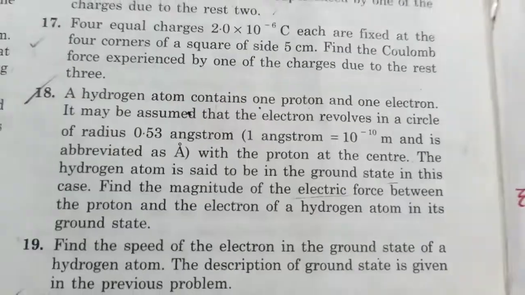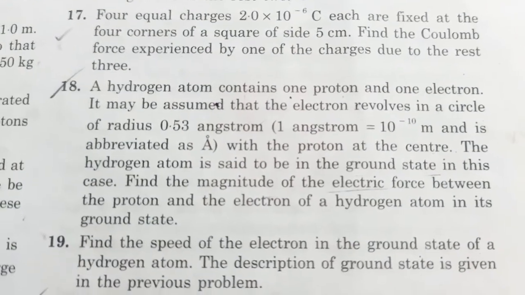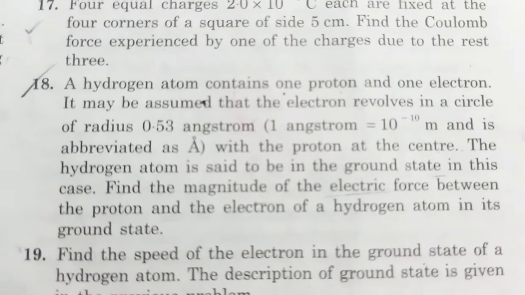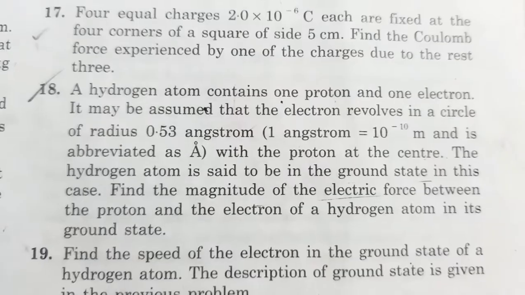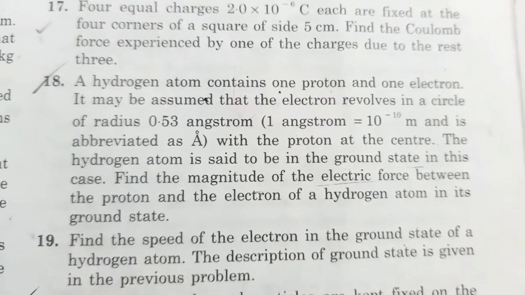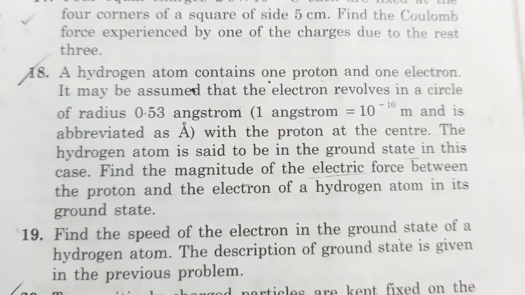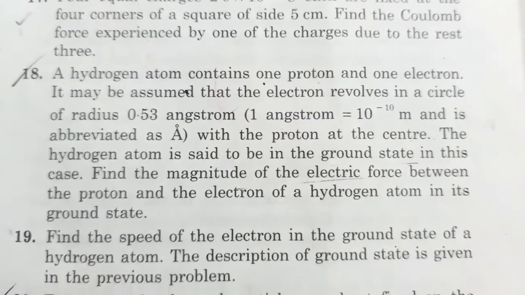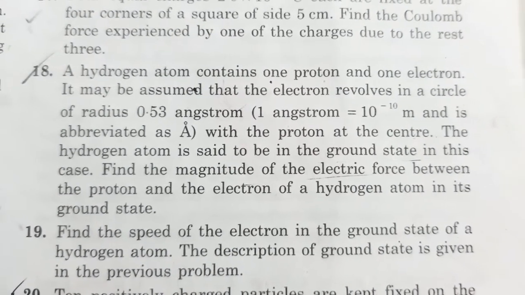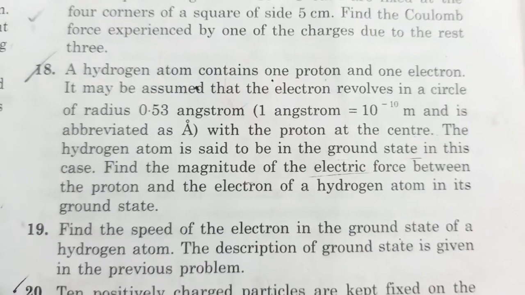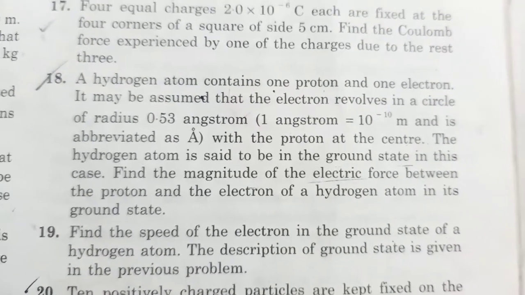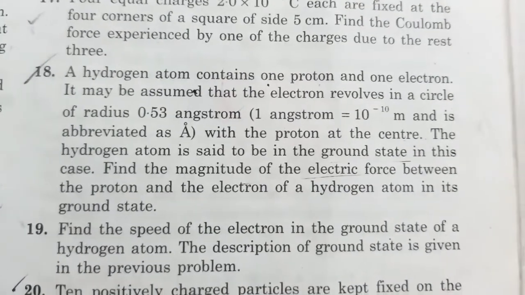So students, the next numerical is question number 18. The question is that a hydrogen atom contains one proton, that is 1.6 into 10 to the power minus 19 coulomb, and one electron also, so the charge is the same for electron and proton.